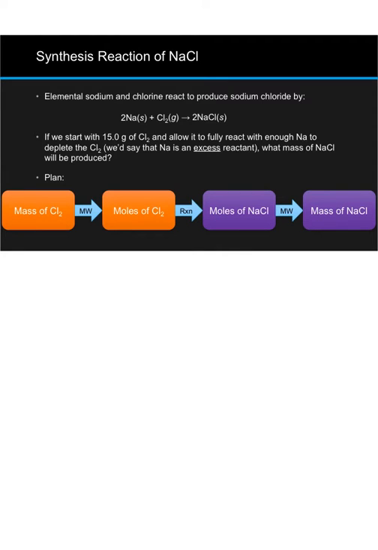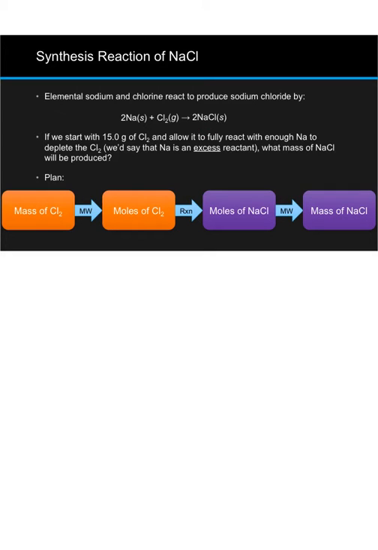Suppose that we're synthesizing sodium chloride from the elements sodium and chlorine. In the balanced chemical reaction that represents this synthesis, 2 sodium atoms react with 1 chlorine molecule to form 2 sodium chloride formula units. Or 2 moles worth of sodium react with 1 mole worth of chlorine to form 2 moles worth of sodium chloride.